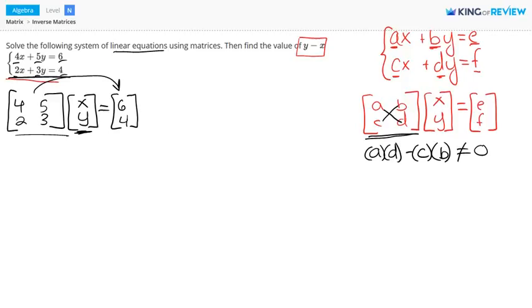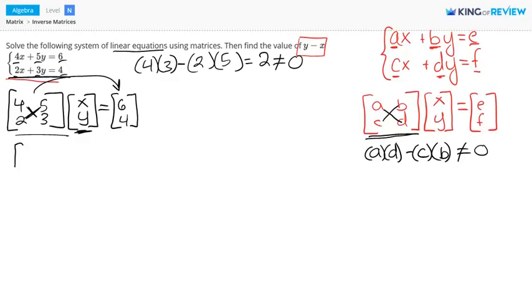So let's check. So here, first we take the main diagonal, 4 times 3, and then we'll subtract the product of the entries in the other diagonal. So 2 times 5. So we have 12 minus 10, and that equals 2. 2 is not equal to 0, so we know that this does have an inverse.